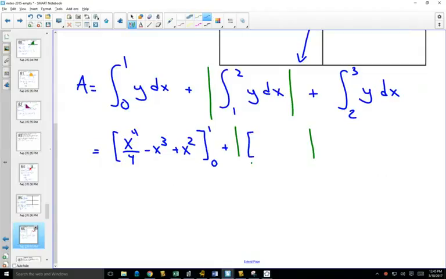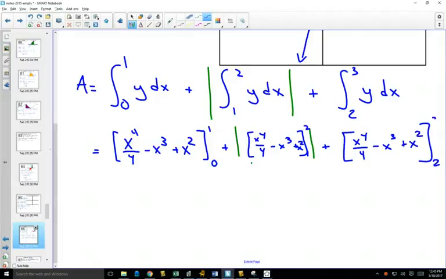We're going to have that same thing from 1 to 2 plus, and the same thing, x to the 4 over 4 minus x cubed plus x squared from 2 to 3.